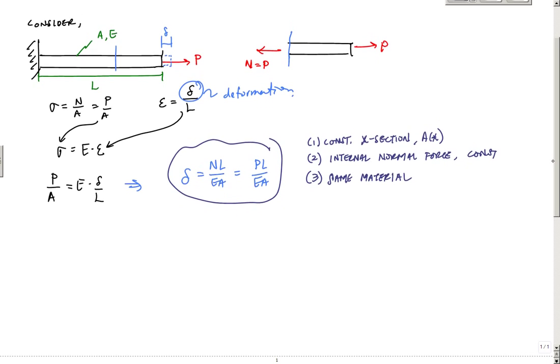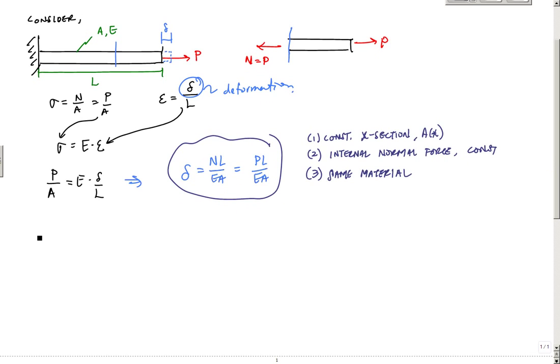But let's reconsider a rod here. In general, I have this rod that's fixed to the side or some structural element, and it has a varying cross section of some kind. I'll call this axis X, my X axis, and really I have a cross section that's a function of X. We'll say the material is still the same, so the modulus of elasticity is the same all throughout.